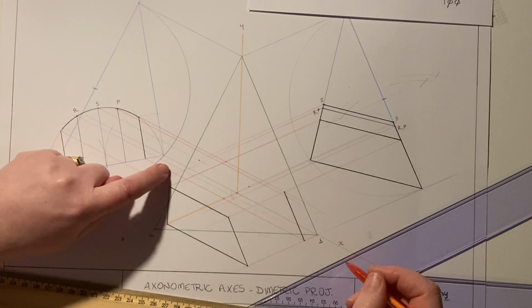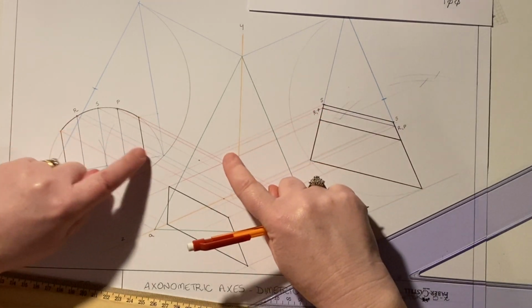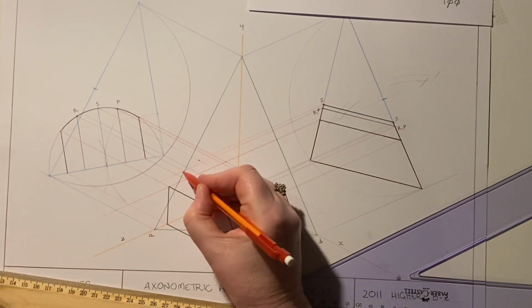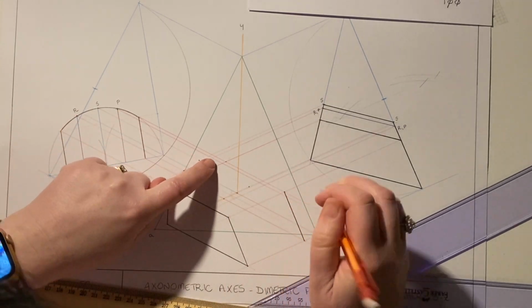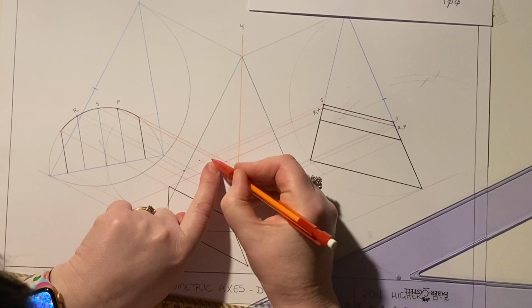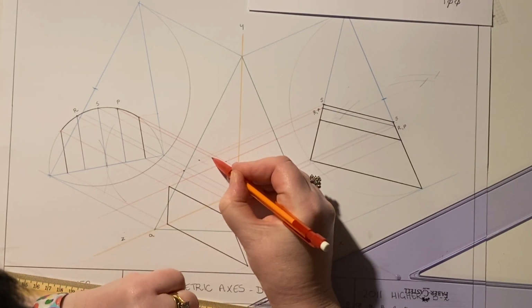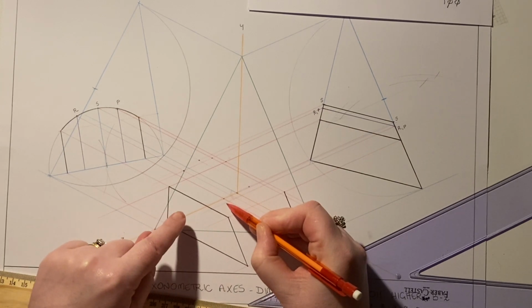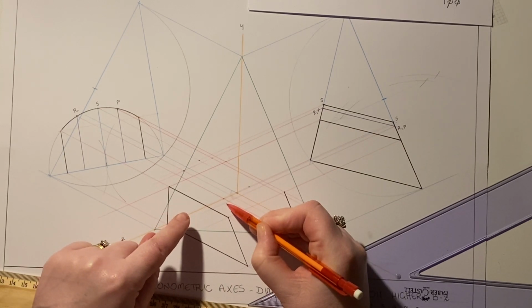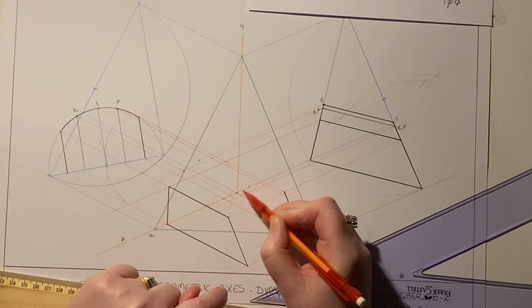So R, where is it? There. So that gives me a point here. P is this line. P is here. So there's a second point. Down here then, R and P. Oh yeah, there's 2 back. I was getting confused there for a minute.